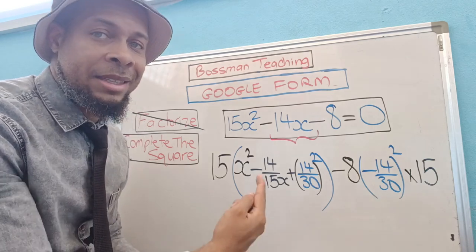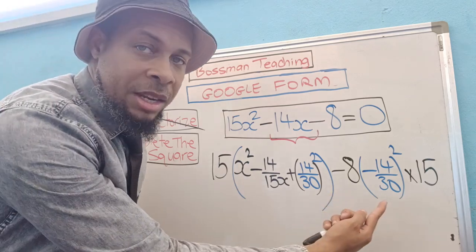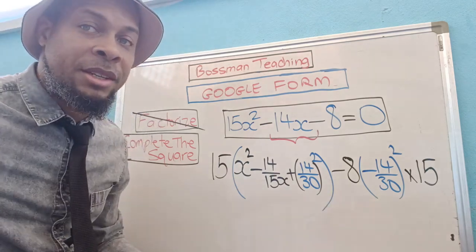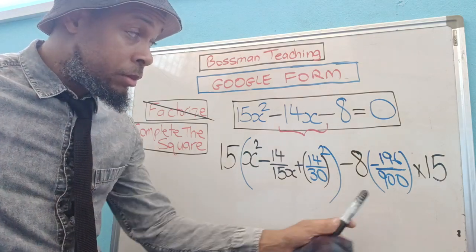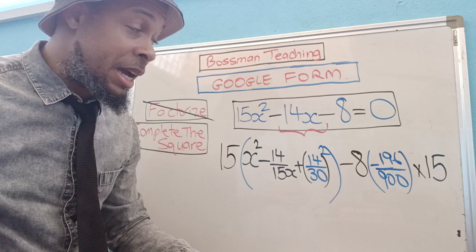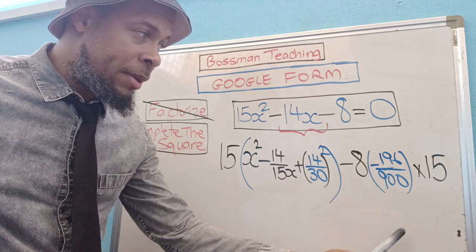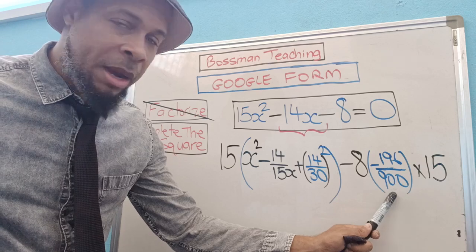But since it's being multiplied by 15, you need to multiply that by 15. Alright, so we had to actually expand that, and in this way we can cancel this. So divide this by 15, divide this by 15.